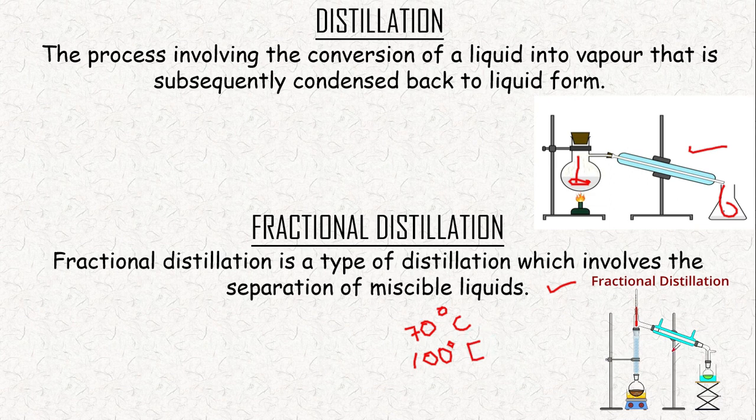Here the two liquids are almost near in their evaporation temperatures. First the alcohol is taken out, then it is closed, and alcohol is taken separately and water is taken separately. This is fractional distillation, which is almost near to the distillation process.